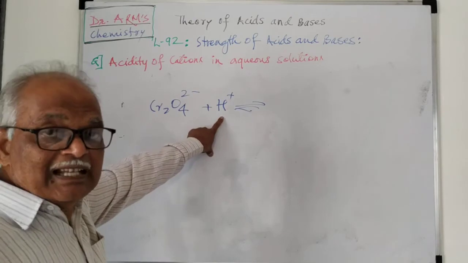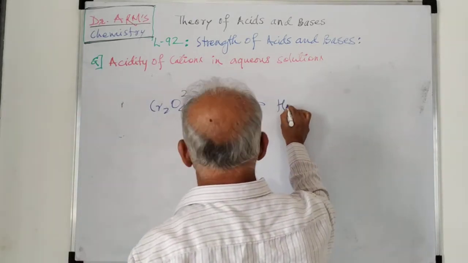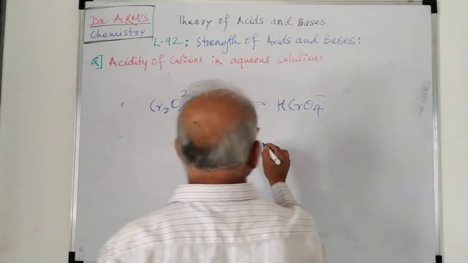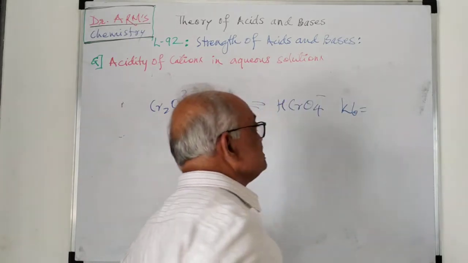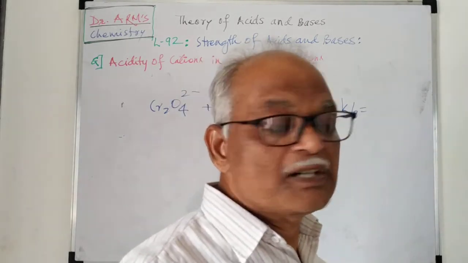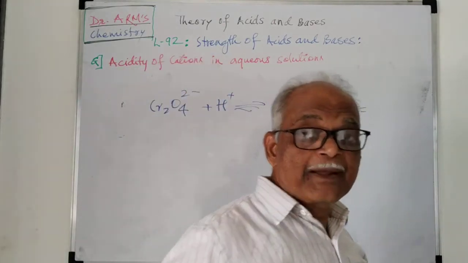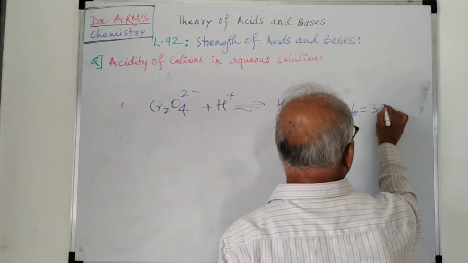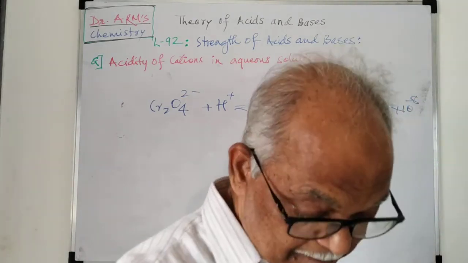When it is added with H plus, it gives HCrO4 minus. Then you will find there is a Kb value, the dissociation constant for the weak base. This shows that the value is 3.2 into 10 raised to minus 8.